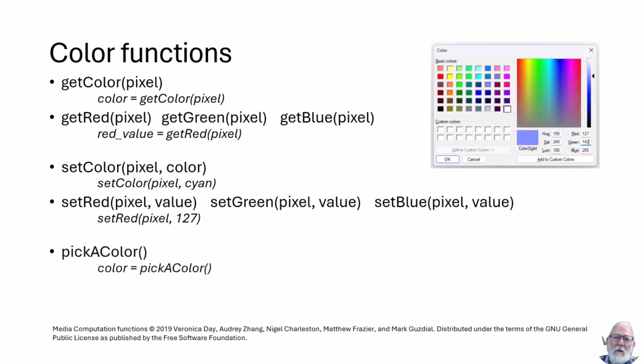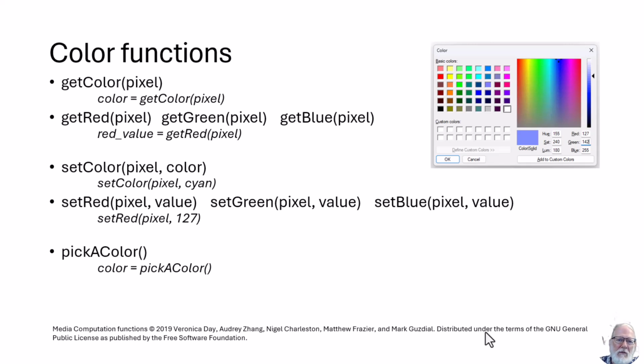And then a couple more functions that we have at our disposal. One is a function pickAColor, and this actually causes the dialog box I've shown in the top right of the screen to pop up, where the user can mouse and choose the colors, or in the bottom right you can actually type in values for the red, green, and blue that you might want, and it will return then the color that has been selected.